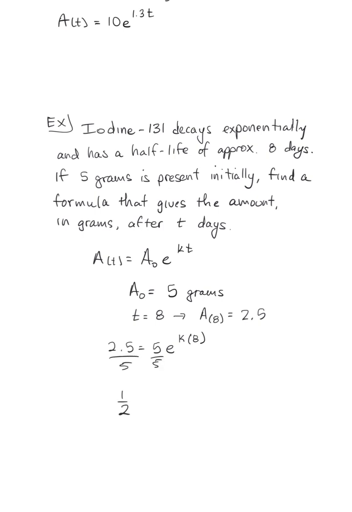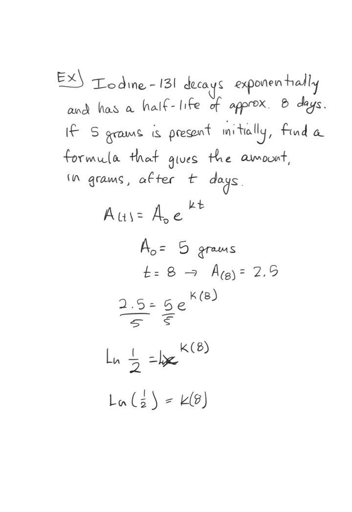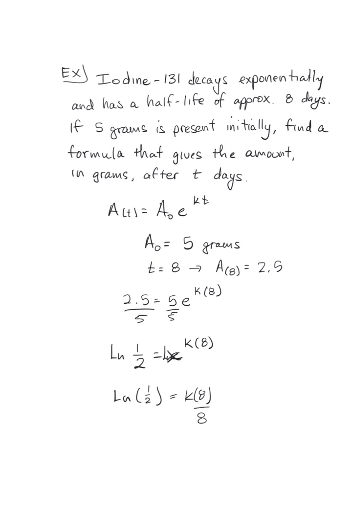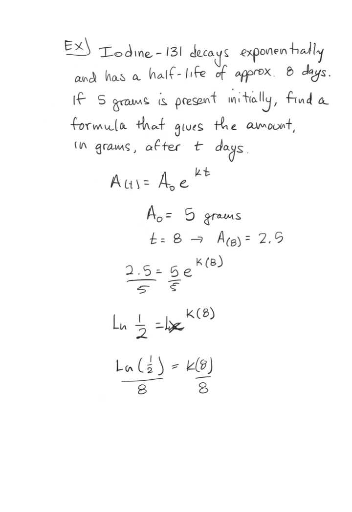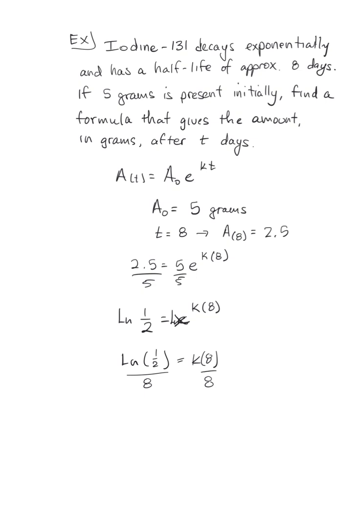So that's just 1/2 equals e to the k times 8. So natural log to cancel the base e. So the natural log of 1/2 now is equal to k times 8. So we can divide by 8 to get k by itself, the relative decay rate.